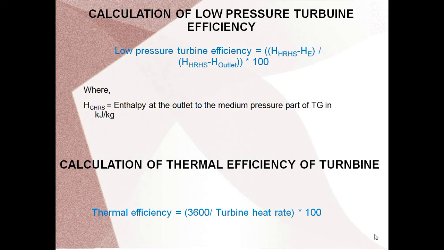This is the calculation of low pressure turbine efficiency. Low pressure turbine efficiency equals HRHS minus HE divided by HRHS minus H outlet into 100. This is the calculation of thermal efficiency of the turbine. Thermal efficiency equals 3600 divided by turbine heat rate into 100.